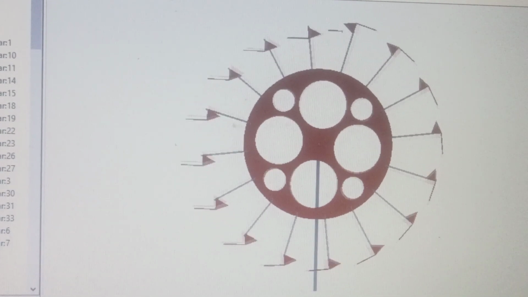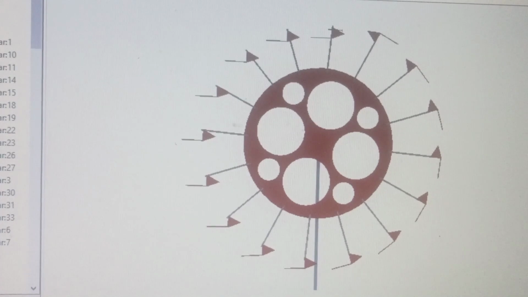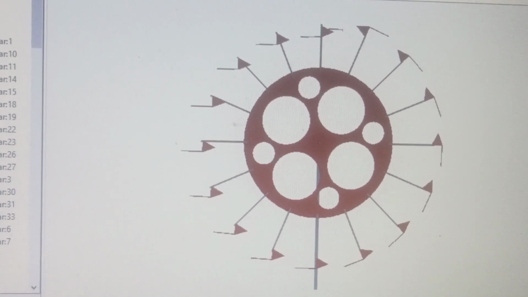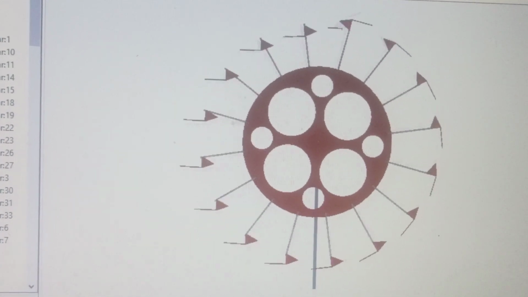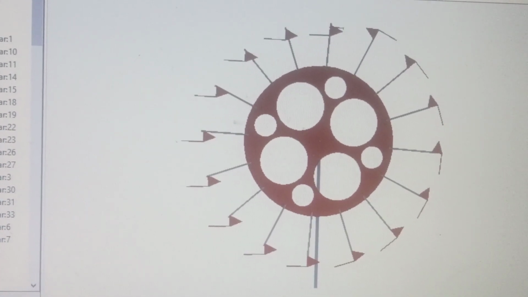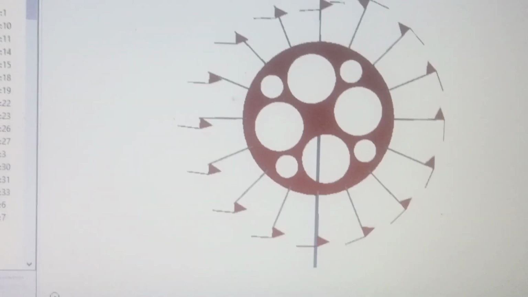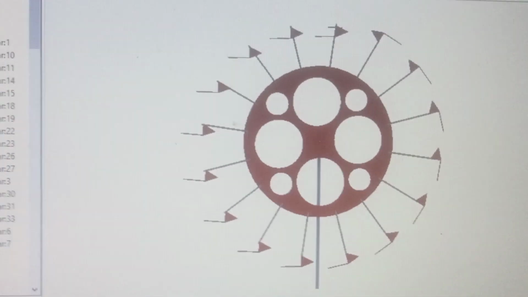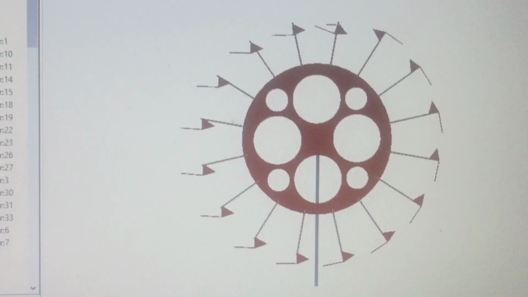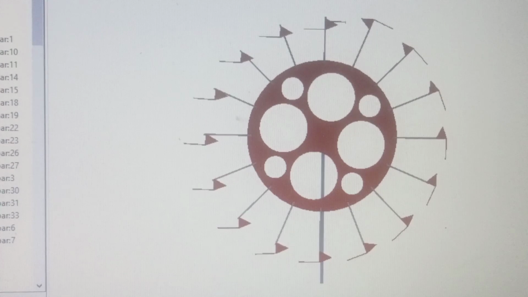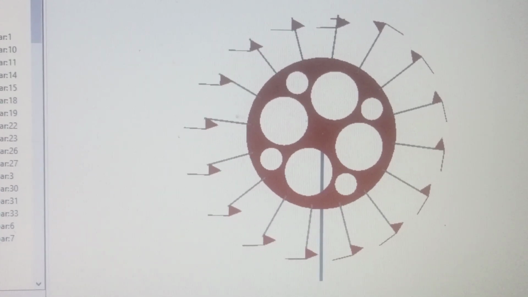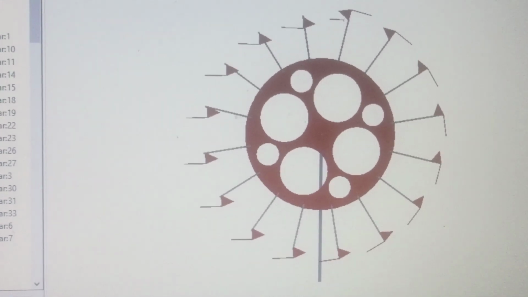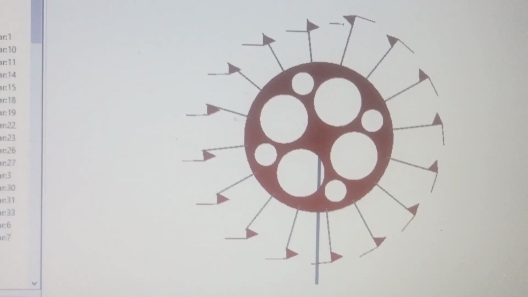The second lever arm is lifted. The third lever arm is lifted. The fourth lever arm is lifted. The seventh lever arm is lifted, and then it appears to slow down.